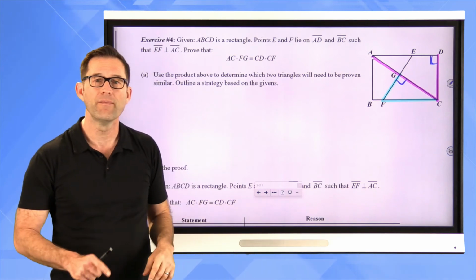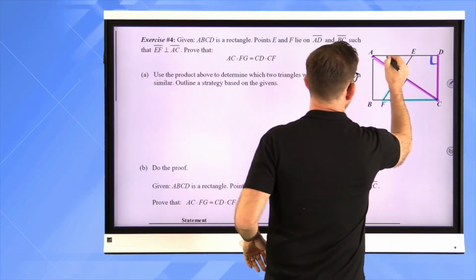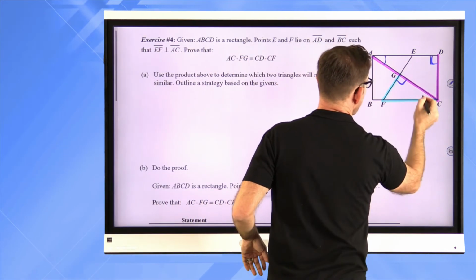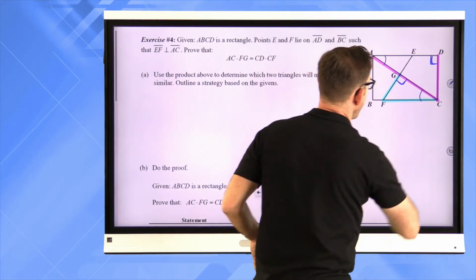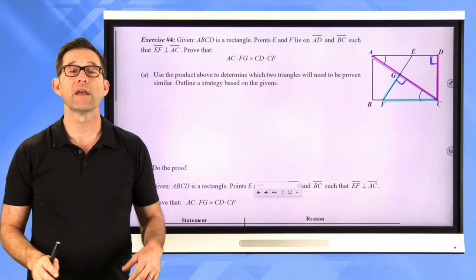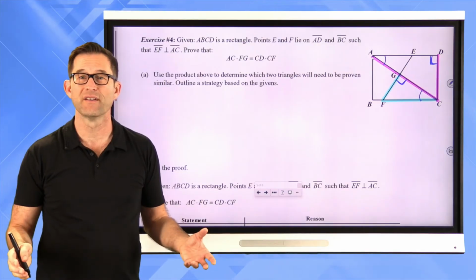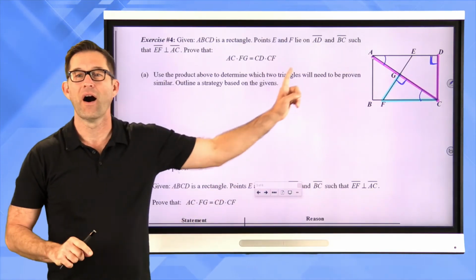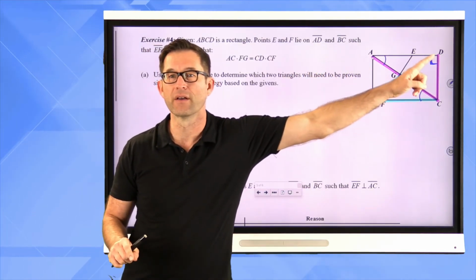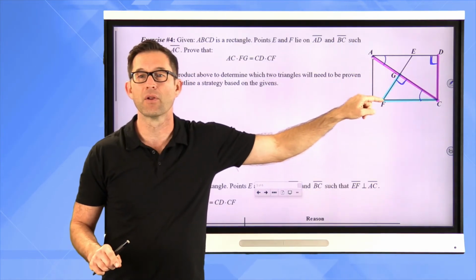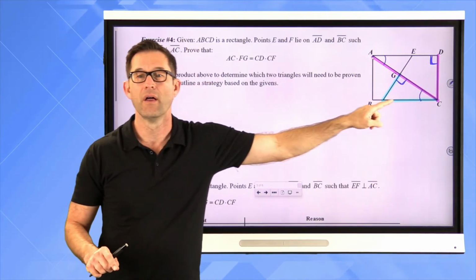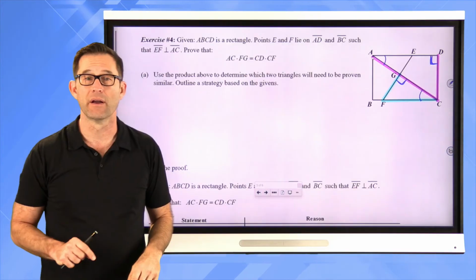Why is that helpful? Because I can then say that this particular angle and this particular angle are congruent because they are alternate interior angles. And now I've got this particular triangle similar to this particular triangle by the angle-angle similarity theorem.